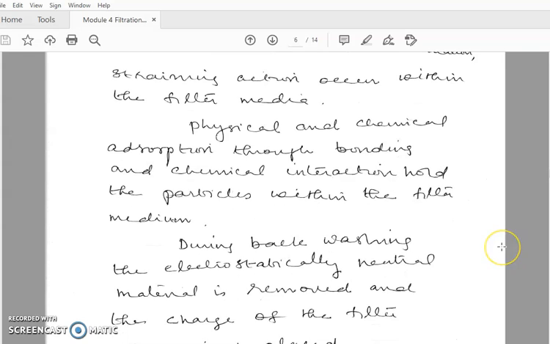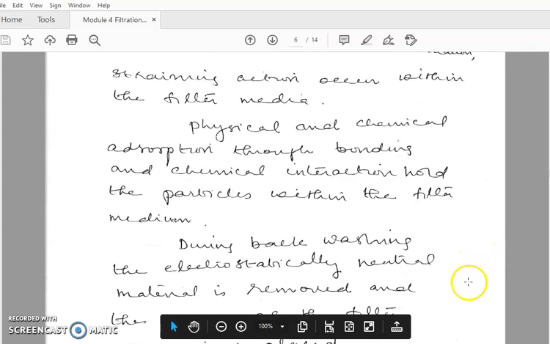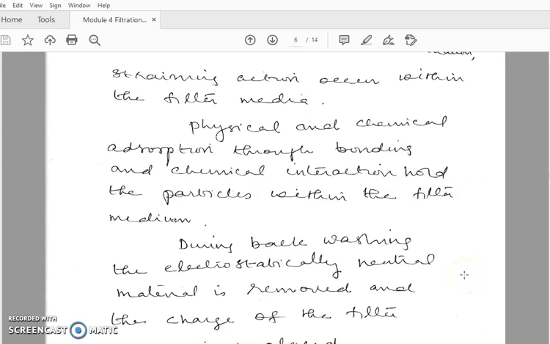But we know that the sand particles already have positive charges. Now because of the sedimentation or the deposits, it loses its positive charge. But we want to regain its polarity. So what you have to do, you have to clean the media at regular intervals.